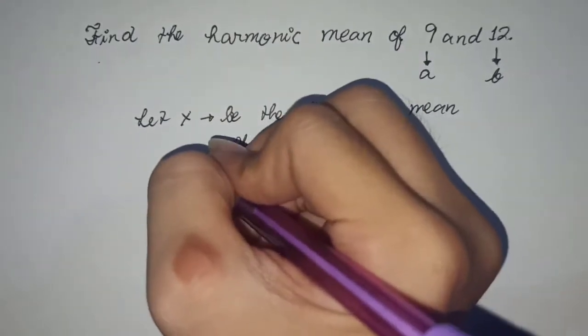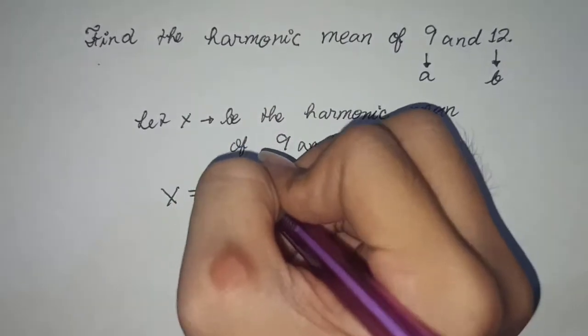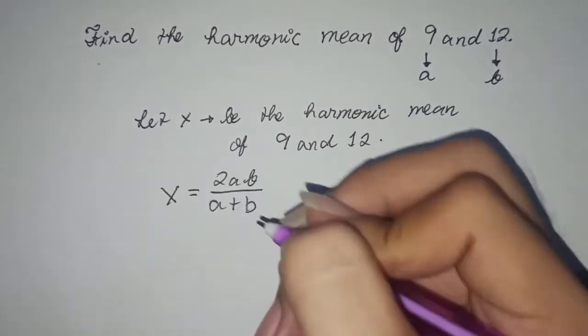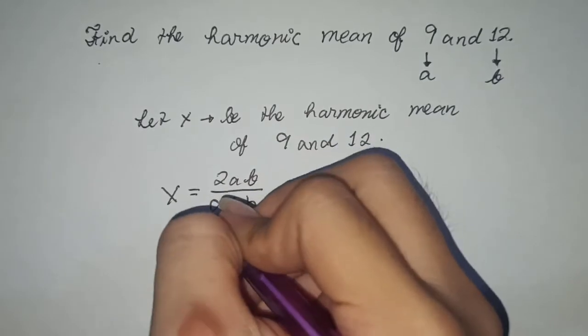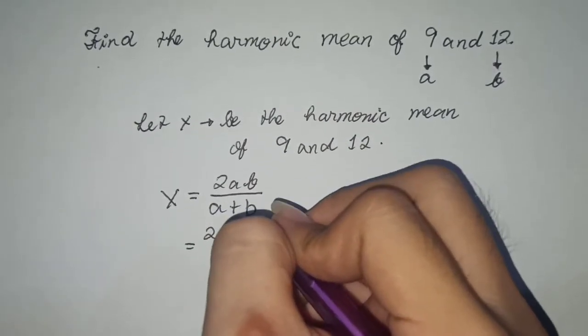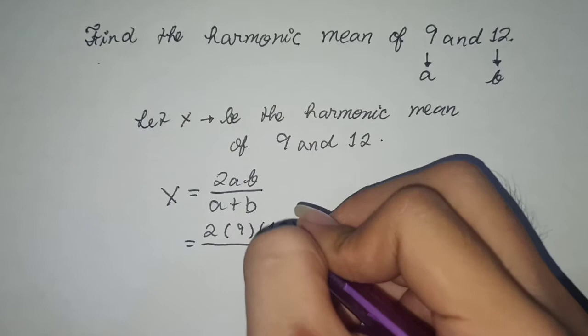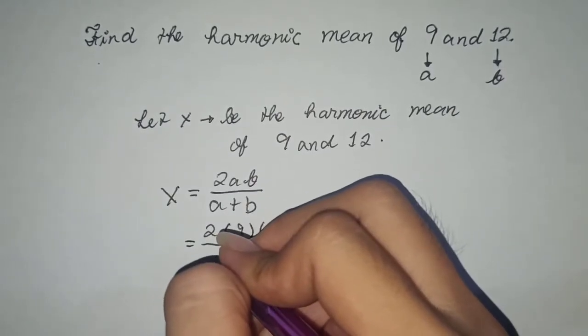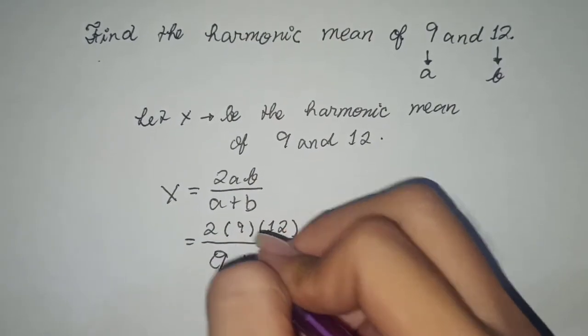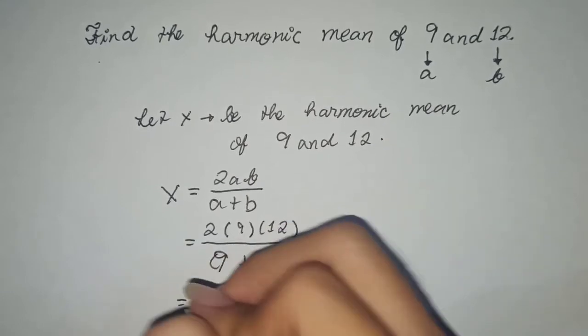Now it's time to use this formula to find the harmonic mean. We have X equals 2AB over A plus B. Then let's substitute the values of A and B. So 2 times 9 times 12 over 9 plus 12.